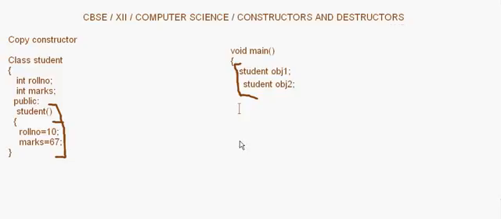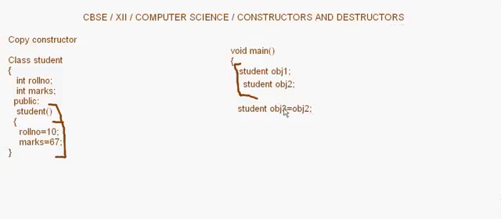Supposing I want to initialize an object using another object, right? Supposing I write something like this, student obj3 is equal to obj2, right?